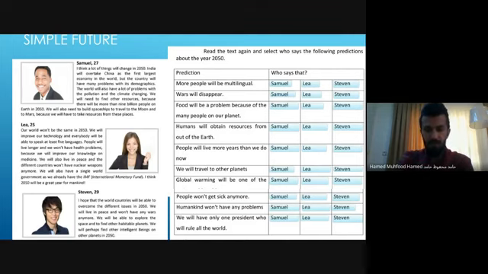That's right. Global warming will be one of the biggest problems in the future in 2050. Who says so? Who said that global warming will be one of the problems in 2050?